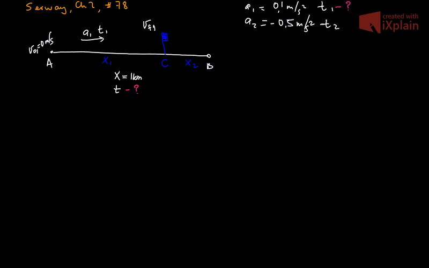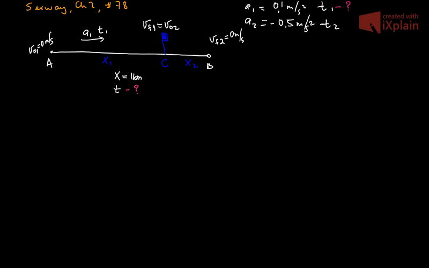Then right after it reaches point C, it slams on the brake, and my second part of the trip starts, with v initial 2. But these two are equal to each other because we artificially split the time, so the train is going by itself. At point B, the station, the train is going to stop, so v final of part 2 equals 0 meters per second.